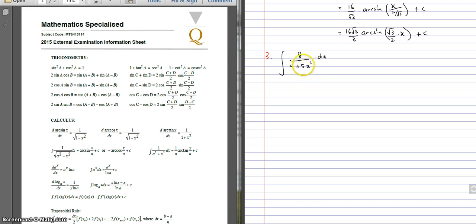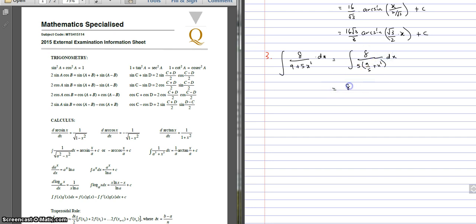So we want to take out this 5. The integral of 8 over, taking out the 5, 9 over 5 plus x squared dx.